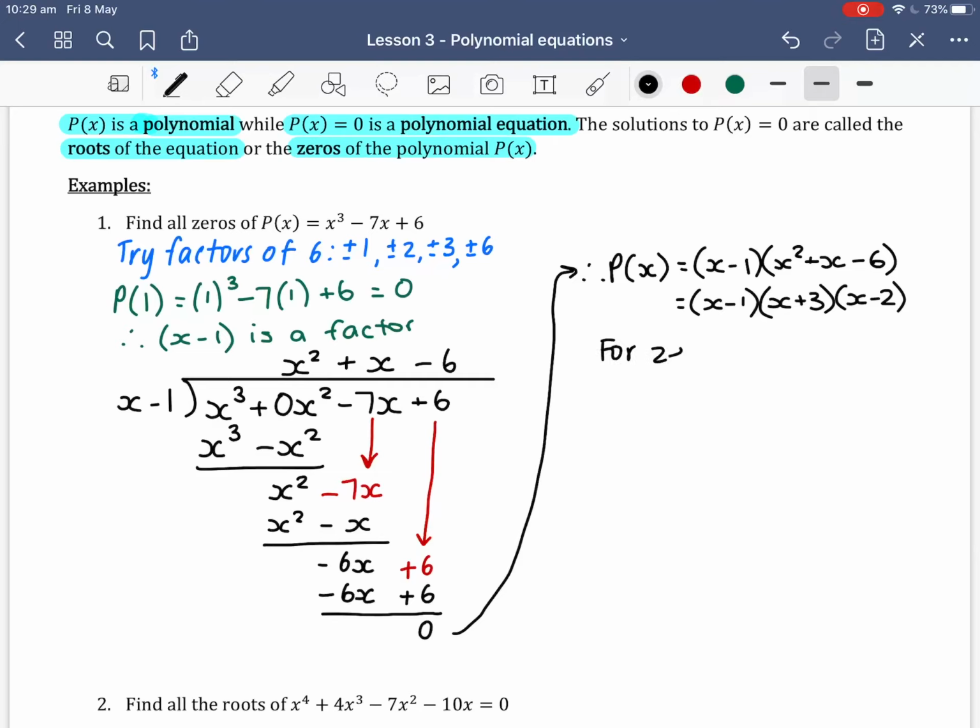So therefore, for our zeros of p(x), we let p(x) equal 0. So we have x minus 1, x plus 3, and x minus 2 equals 0. So therefore x equals 1, minus 3 and 2.